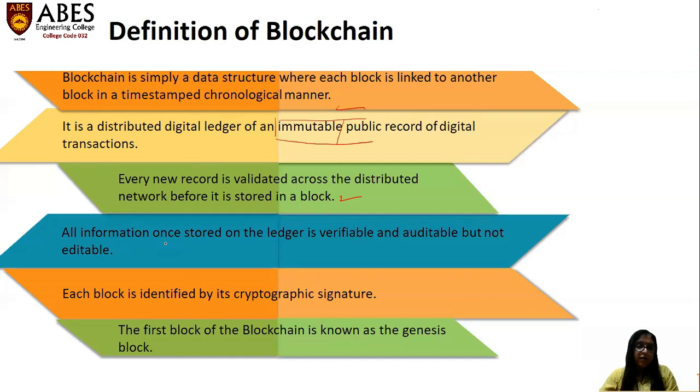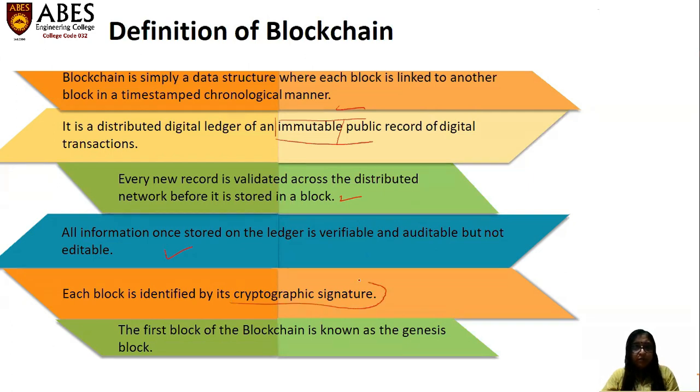Next, all information once stored in the ledger is verifiable and auditable but not editable. Once the transactions or information are stored in the ledger, we can verify and audit this, but we can't edit this. It's immutable, right? Each block is identified by a cryptographic signature.